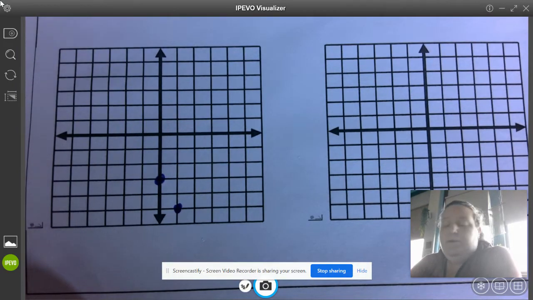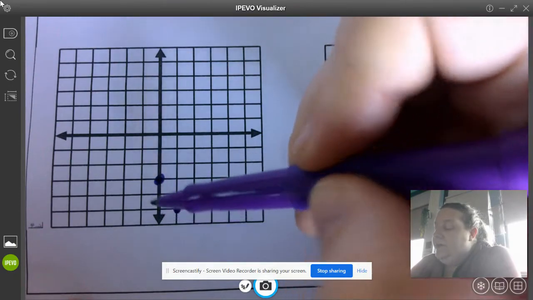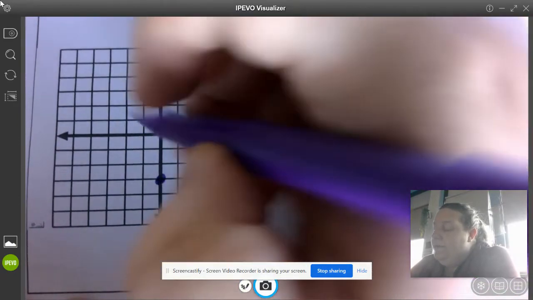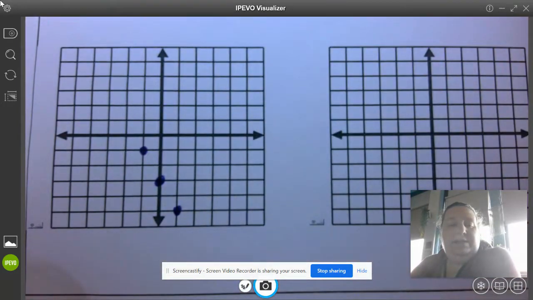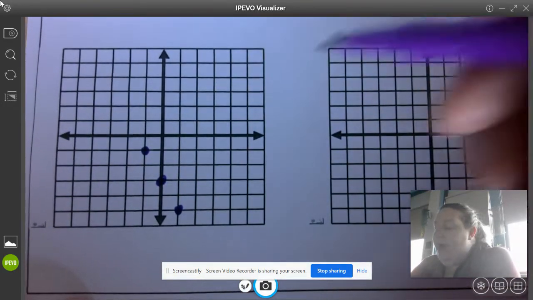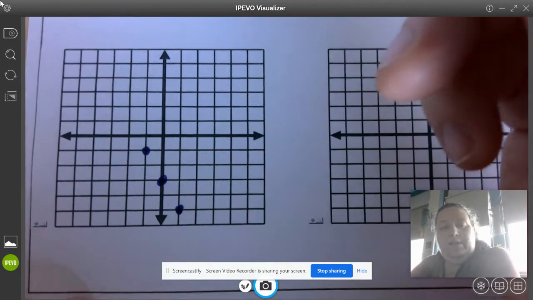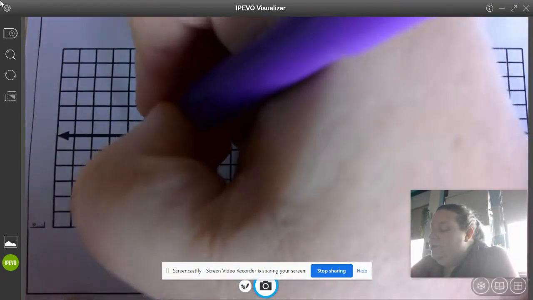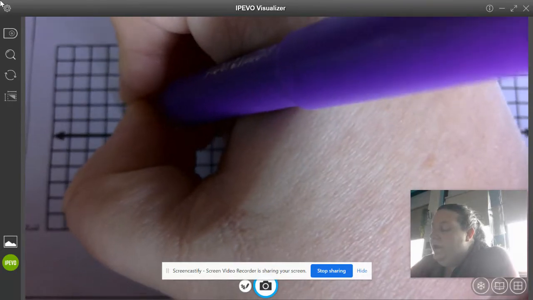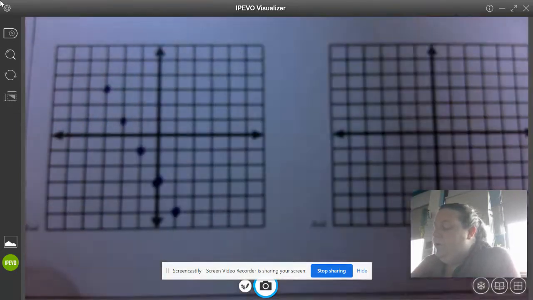You basically flip the signs. Instead of going down, I'm going to go up, and instead of going right, I'm going to go left. You can see how this line is continuing. We're basically moving that negative sign from going down to making it go left. So up 2, left 1, up 2, left 1.